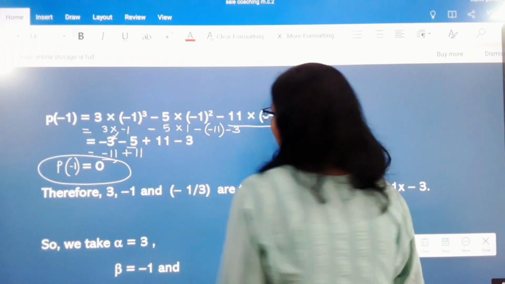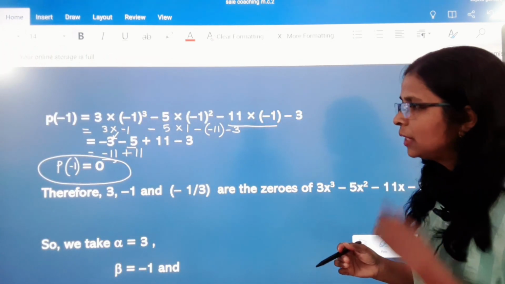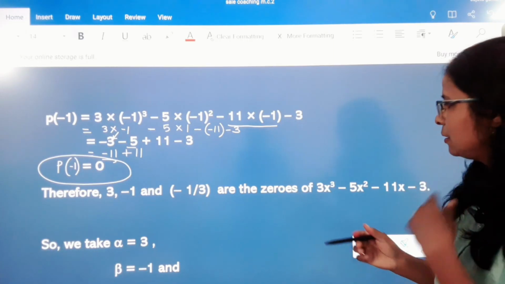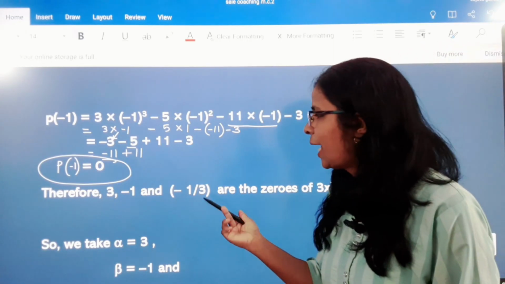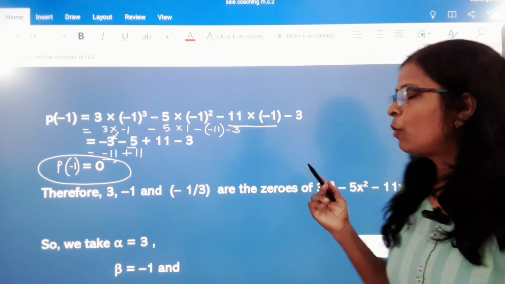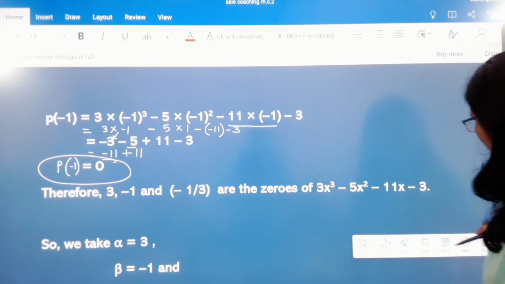Okay. So now therefore here also, that is minus 1 upon 3. At minus 1 upon 3, what will be the value of the polynomial?